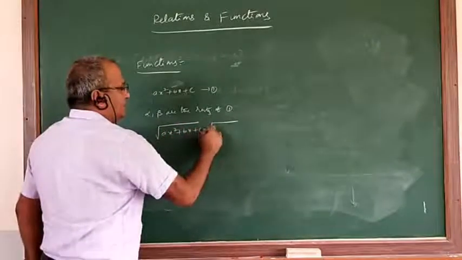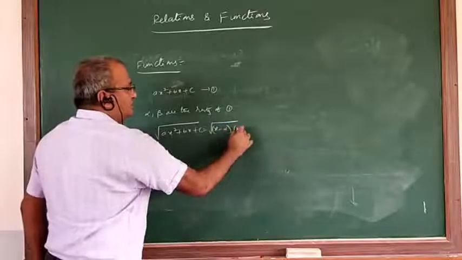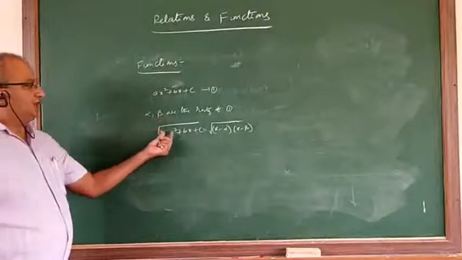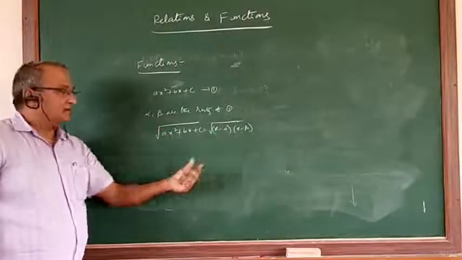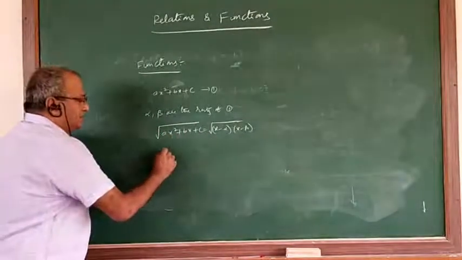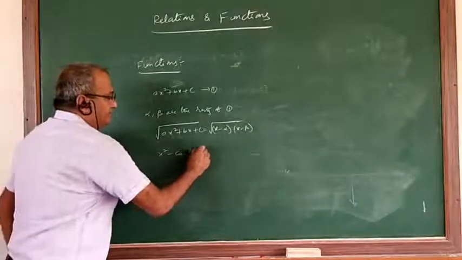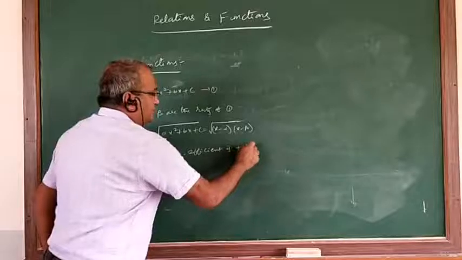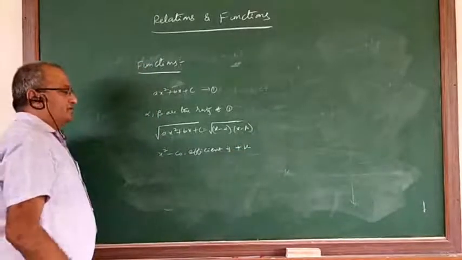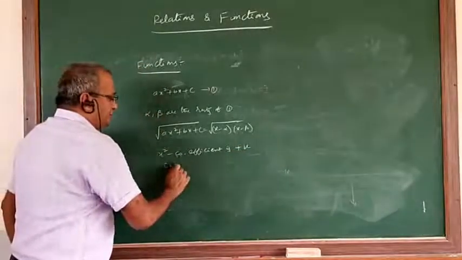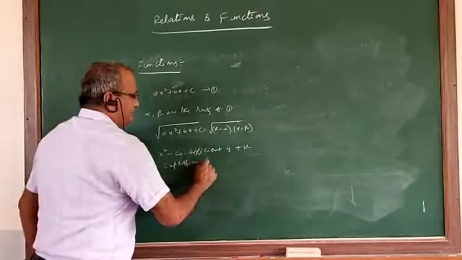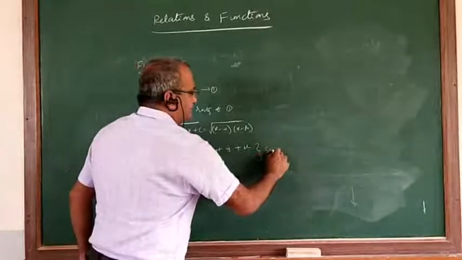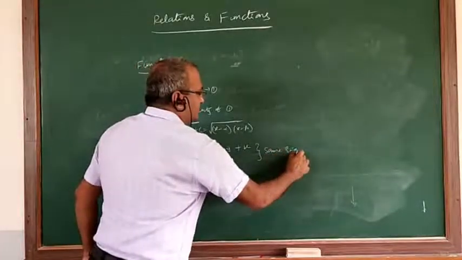This can also be written as x minus alpha into x minus beta, when alpha, beta are the roots of this equation. Now, if the x square coefficient is positive and the expression is positive, it means the same sign.